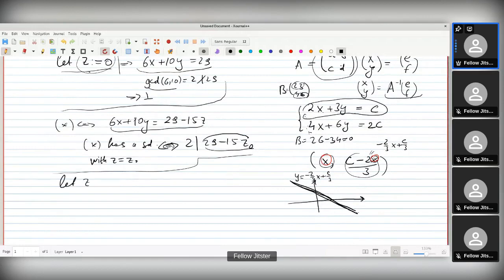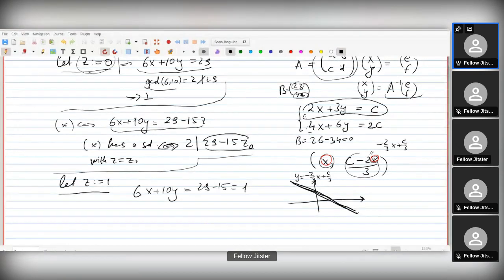So let z be 1. Then our equation is equivalent to what? We have the following: 6x plus 10y equals 29 minus 15, that is 14. Does this one have a solution? Yes.